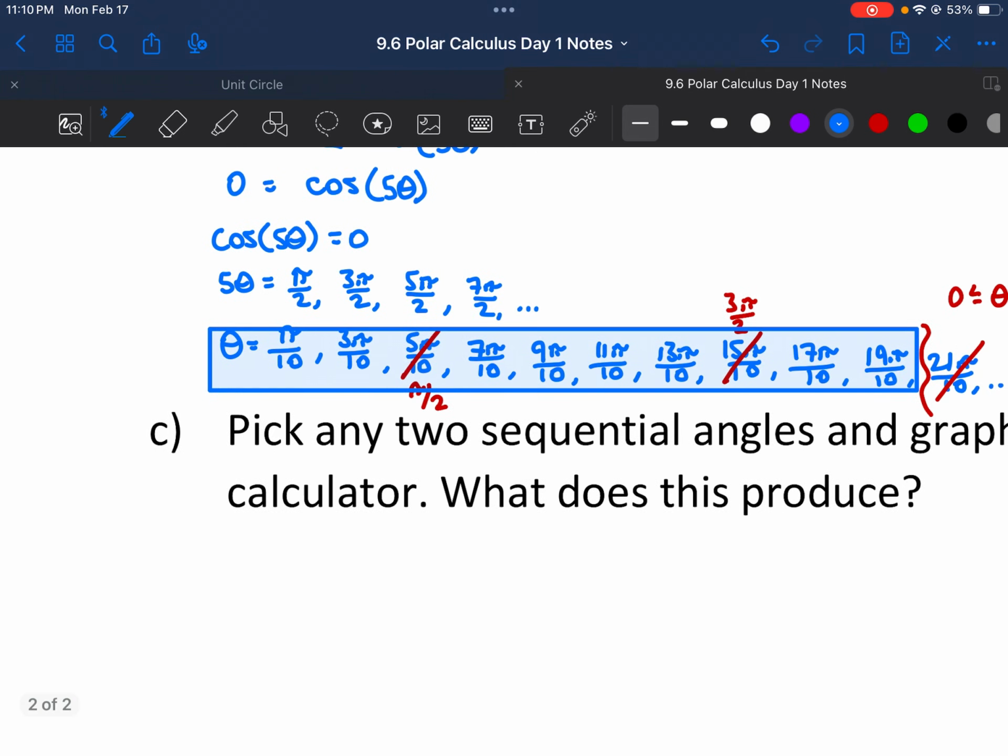This creates one petal of the Rose curve.